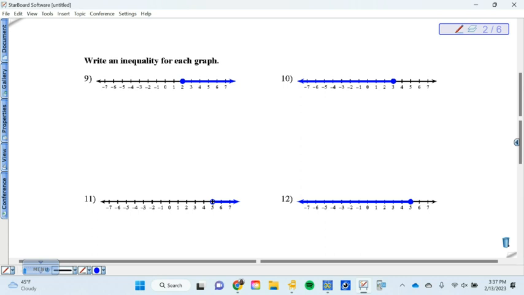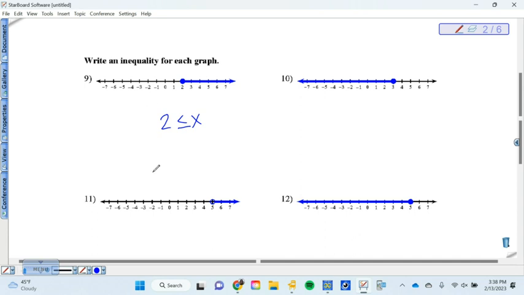Okay, number 9. Number 9. We're going backwards. Now I'm given a graph, and I need to write the inequality. What do we think the inequality is going to be for 9? Yeah, that works. 2 is less than or equal to x.